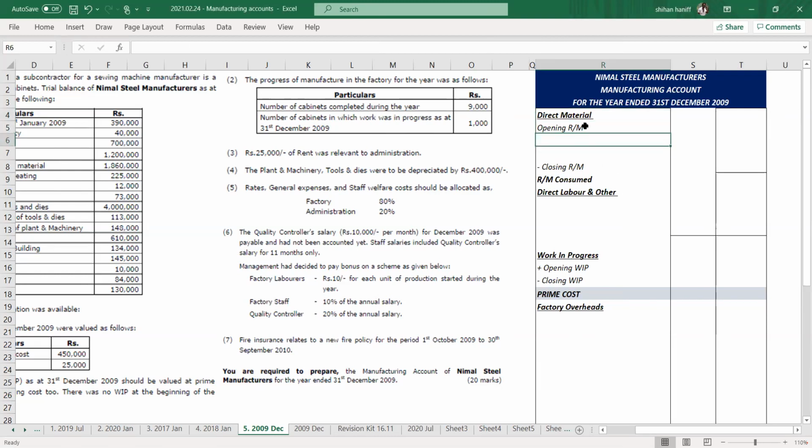Direct material: opening raw material plus purchases minus closing raw material. So the answer is raw material consumed. The direct labor and other work in progress is adjusted to the prime cost.